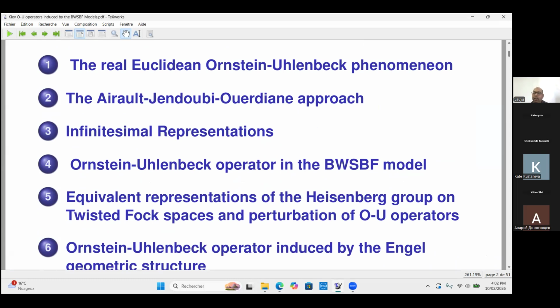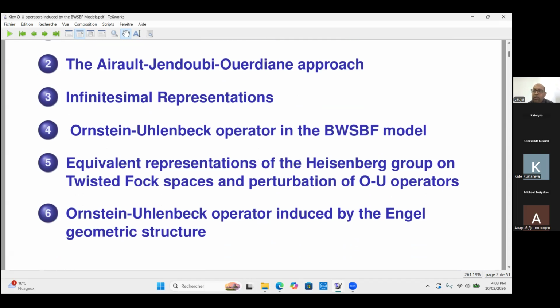And we give some expansion of the Ornstein-Uhlenbeck operator in terms of generators of the infinitesimal representation. Especially, we shall consider some nilpotent Lie groups which are representable on Fock space.